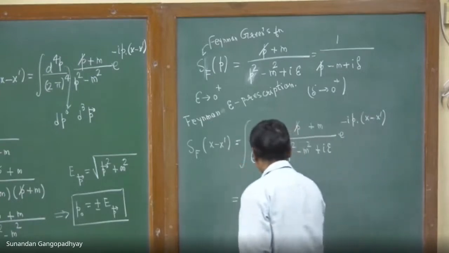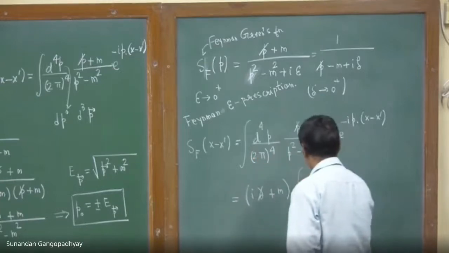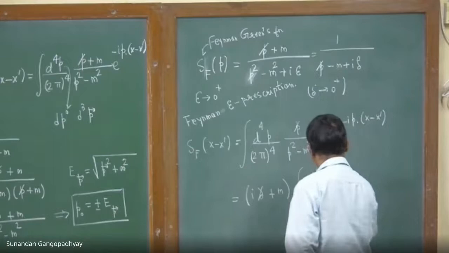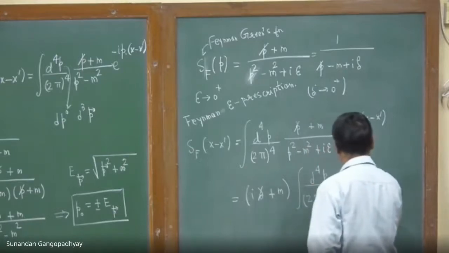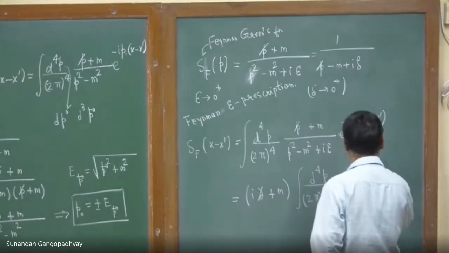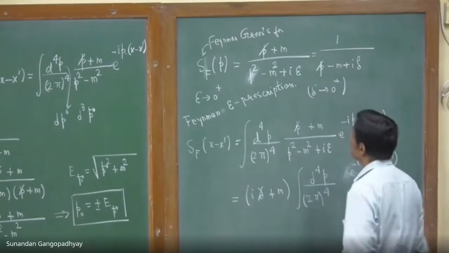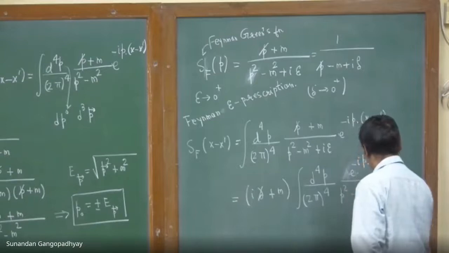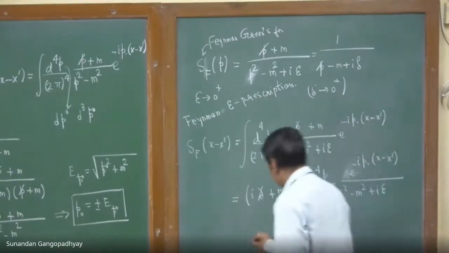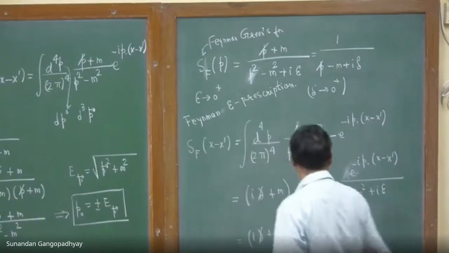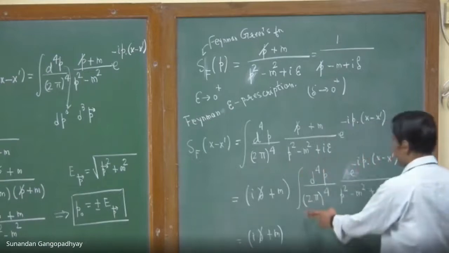This expression can be written as (i del slash plus m) times the integral d4p by (2 pi)^4 of e^(-ip.(x minus x prime)) divided by (p squared minus m squared plus i epsilon), and this we have already encountered earlier.